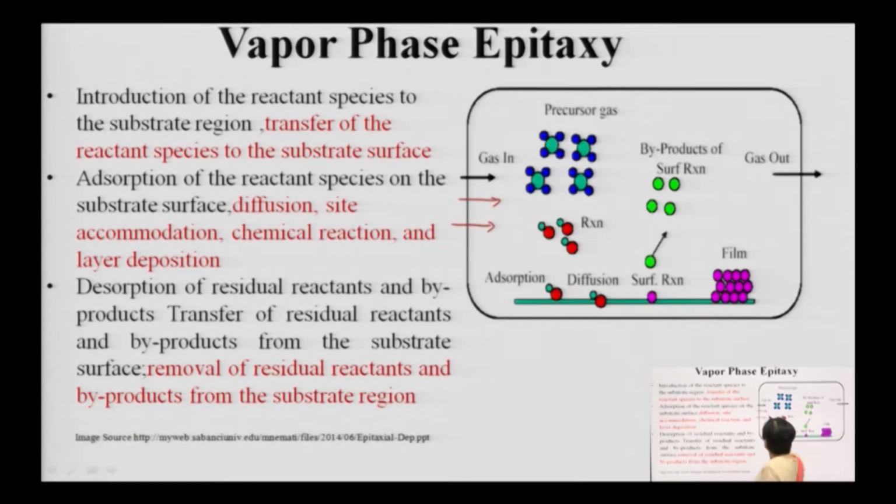Once this gas is introduced onto the wafer, there are 2 things. The gas will get deposited onto the wafer substrate in the same orientation as the substrate atoms, that is, adsorption will take place.